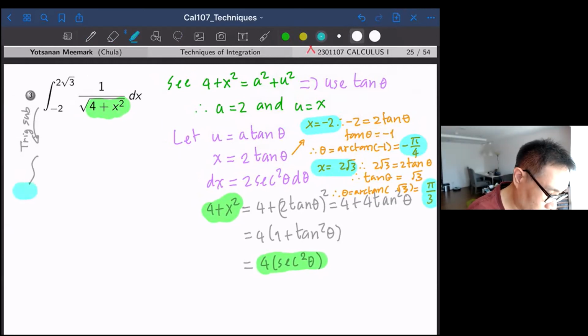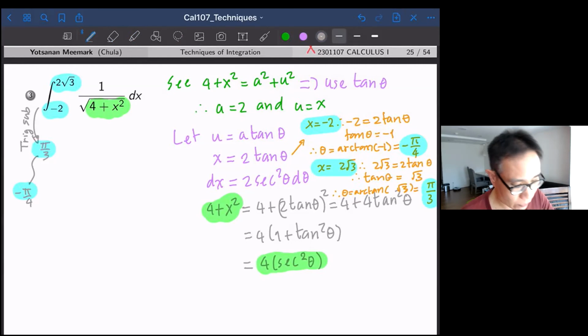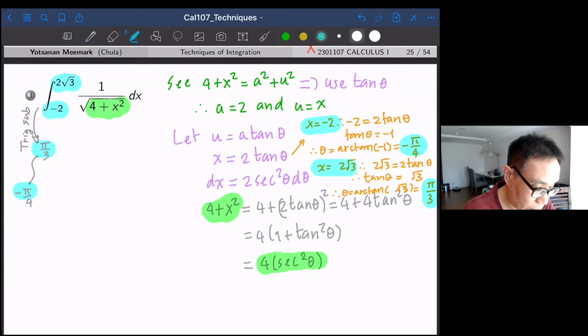So it's going to be -pi/4 and pi/3. Okay, so this is how we have the trig sub.